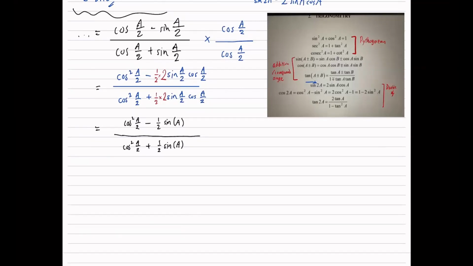How to derive that power reduction formula? Fancy name. Reduce the power by 1. Cosine squared.